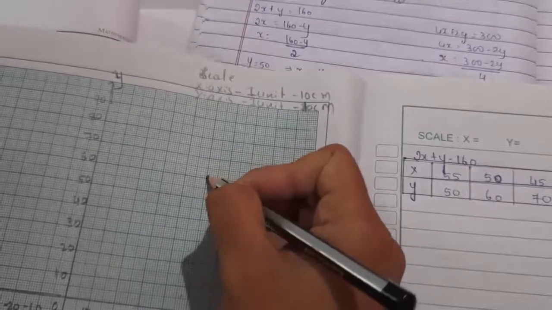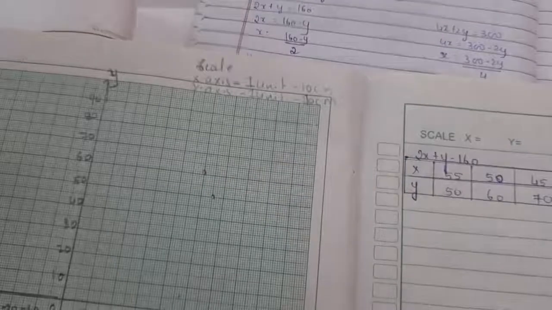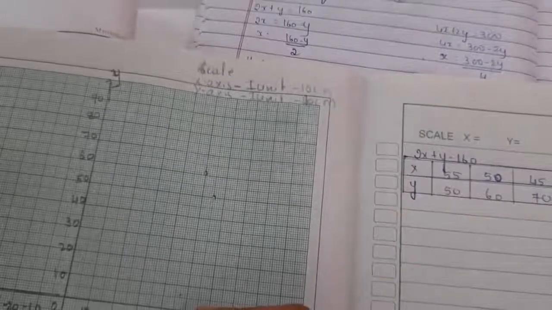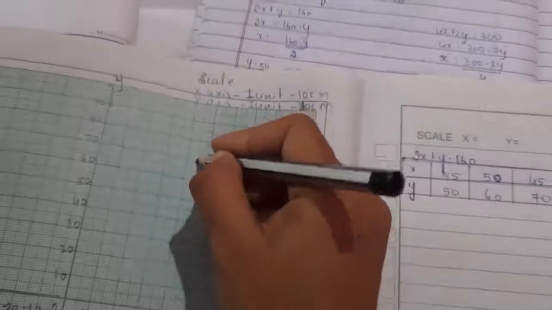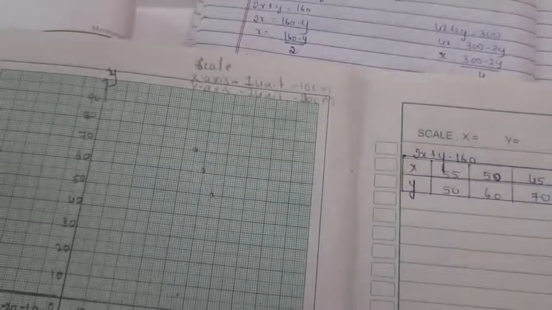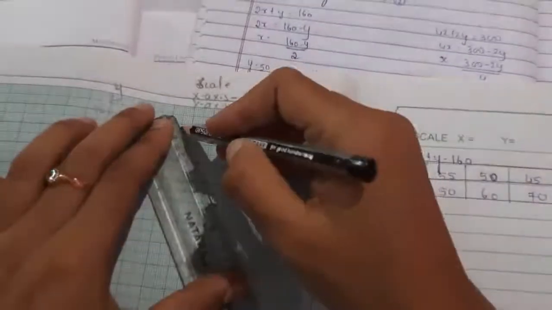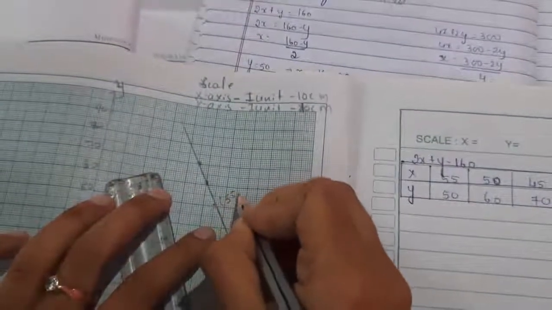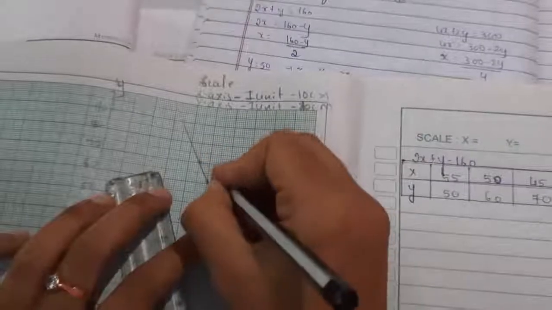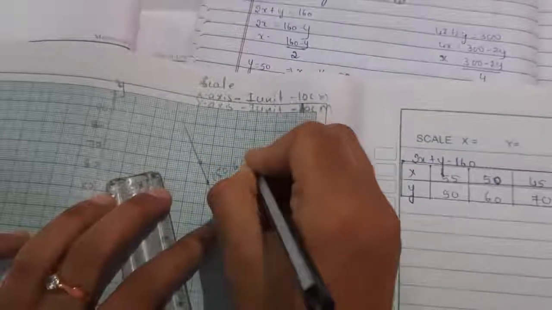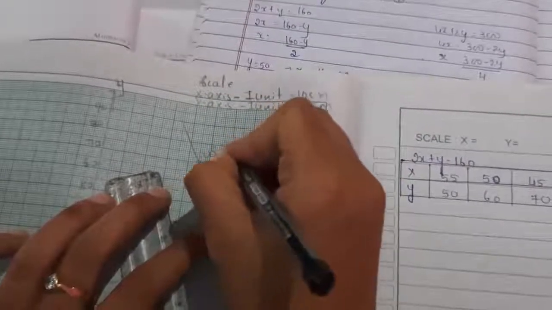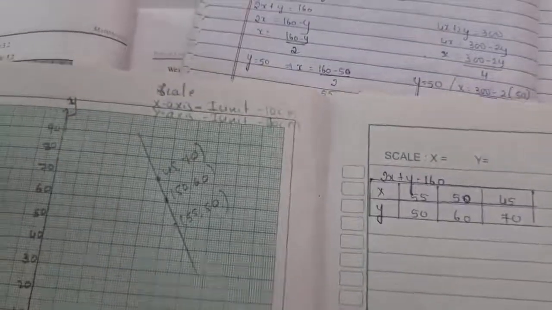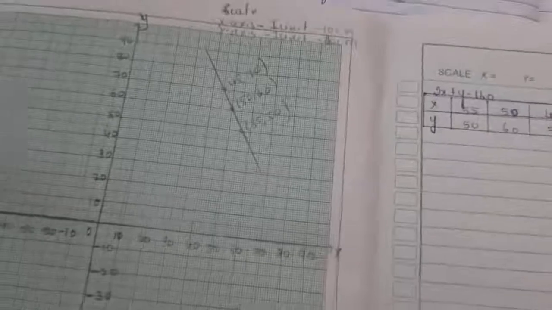When x is 45, y is 70. I am drawing these points and marking the coordinate points: 55, 50; 50, 60; and 45, 70. This is the representation of the first equation, and now go with the second equation.